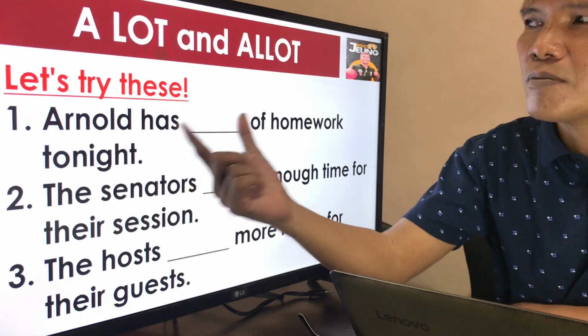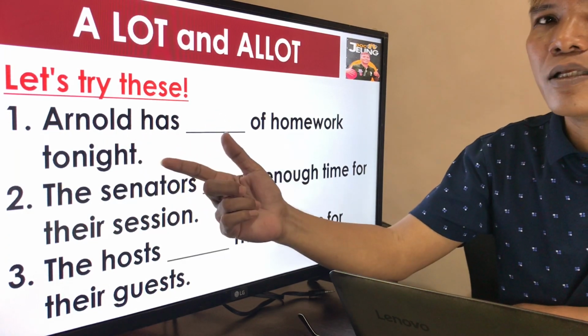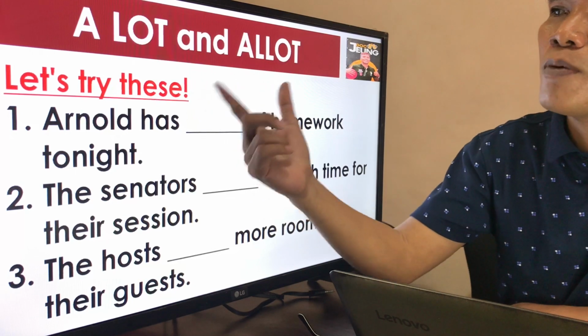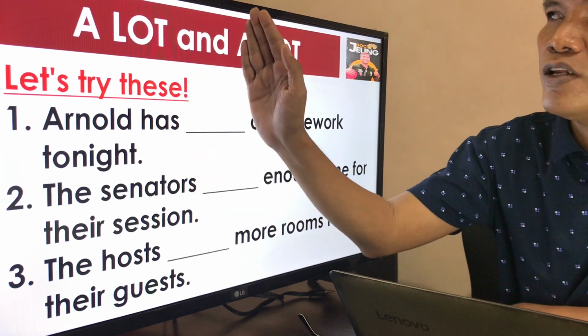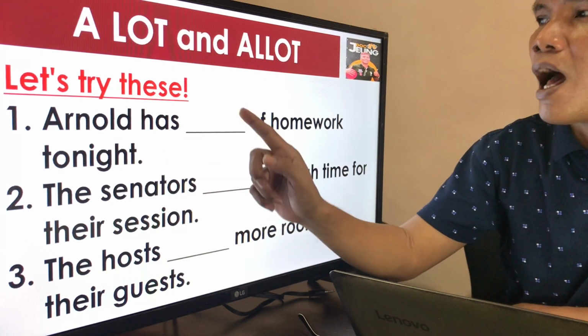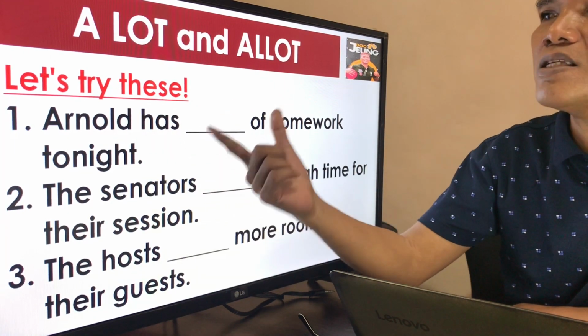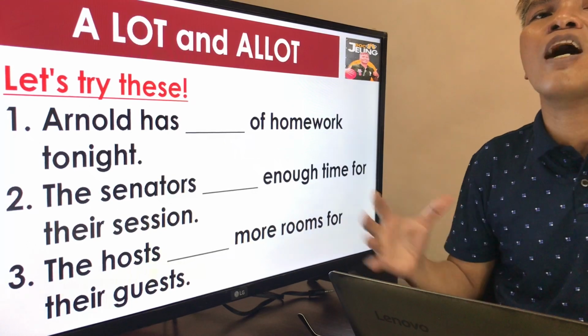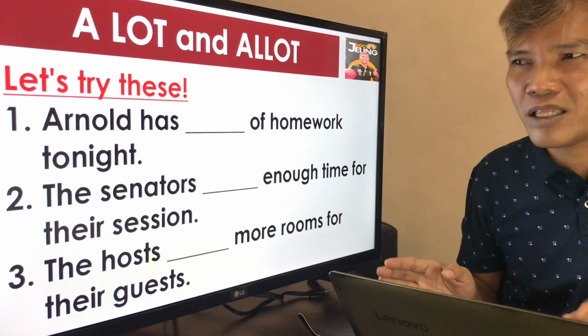Since we have already the verb, we will disregard allot. We will use a lot. Arnold has a lot of homework tonight. It means Arnold has a large amount of homework tonight.